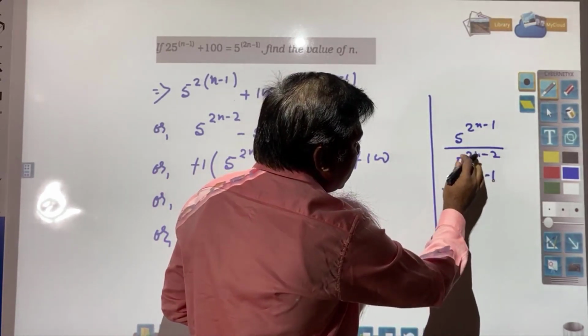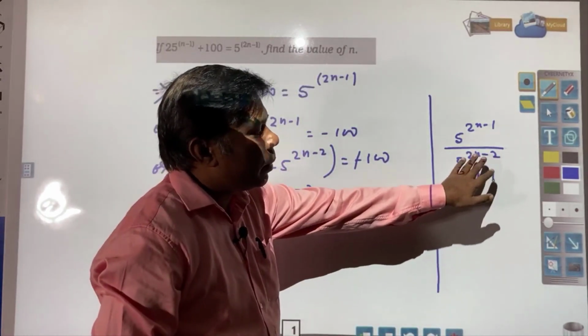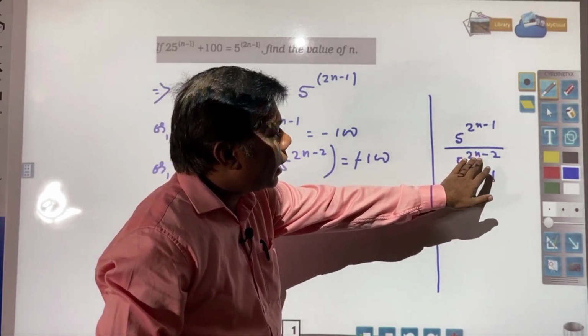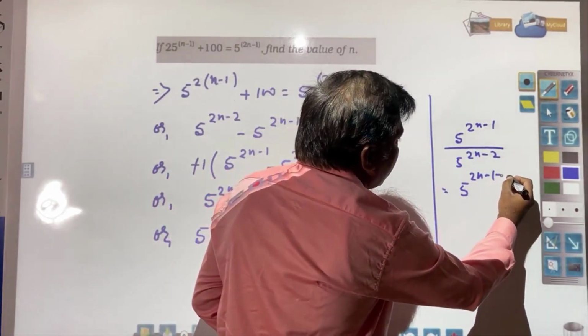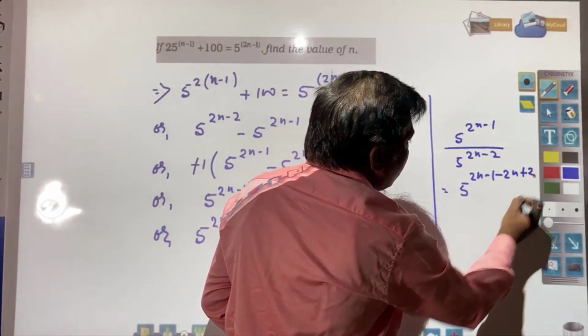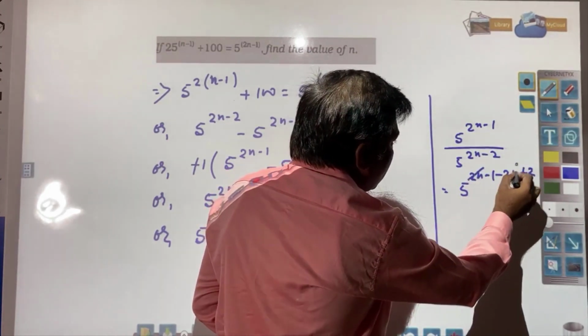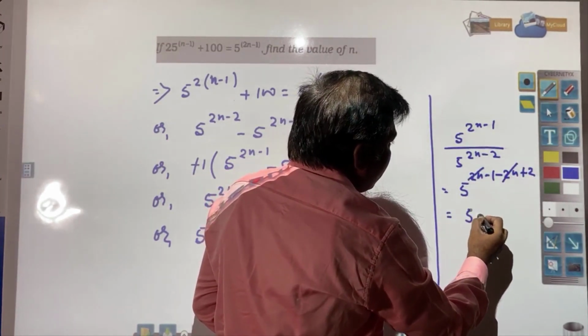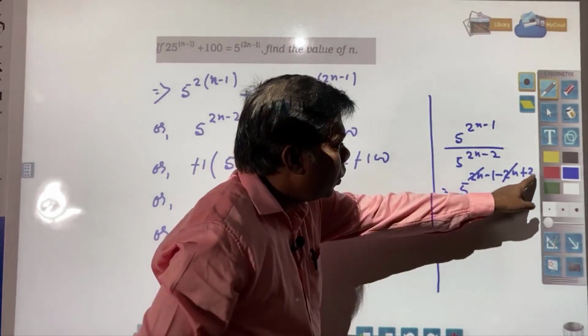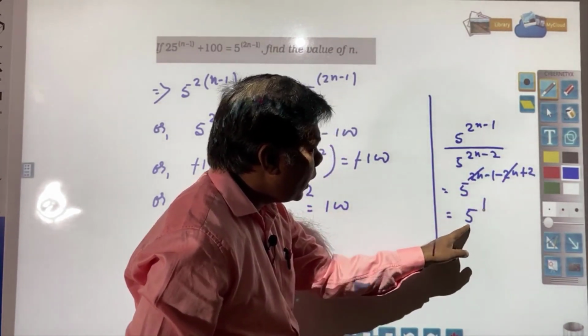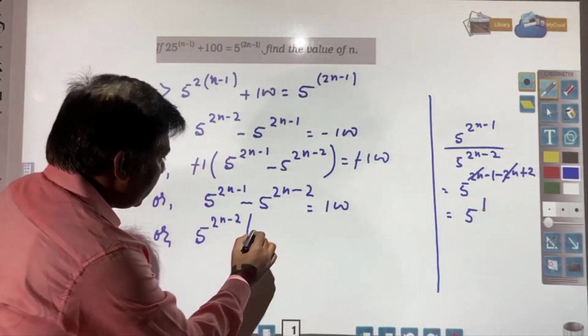This is in division, so this will be subtracted. If this is subtracted, it will become minus 2n and plus 2. So this will be cancelled and you will be left with 5 to the power 1. 2 minus 1 is equal to 1. It means you are left with 5 over here.